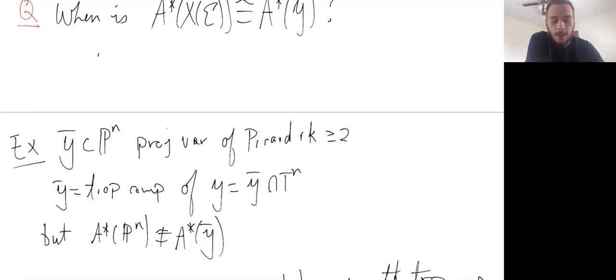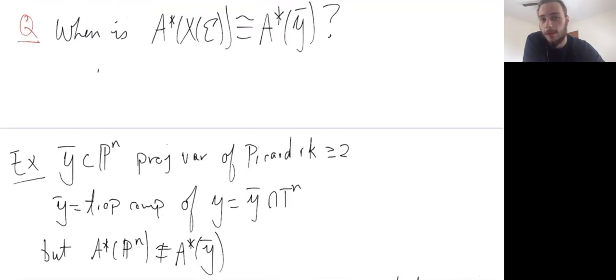So the property that the Chow ring of this tropical compactification is the same as the Chow ring of this toric variety is somehow very special.